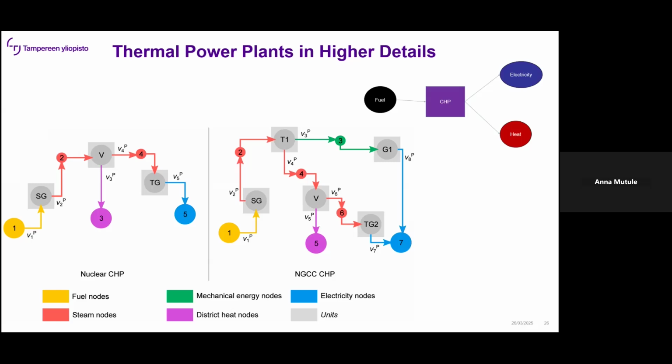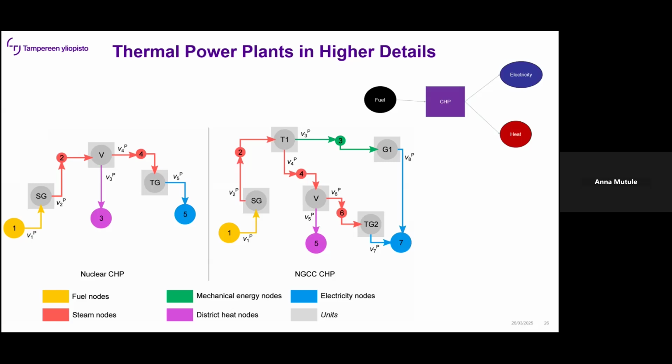Each system is broken down into functional components such as turbines, generators, and steam generators connected via energy nodes, marked in different colors here. Orange nodes represent fuel input, red nodes represent steam flow, blue nodes show electricity outputs, and pink nodes represent district heat production.